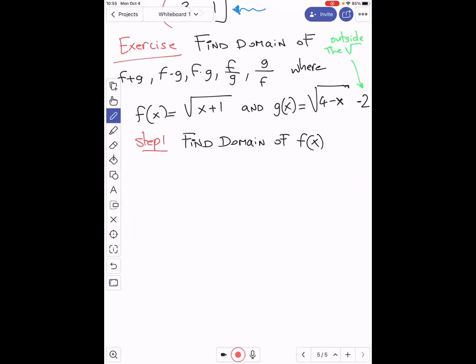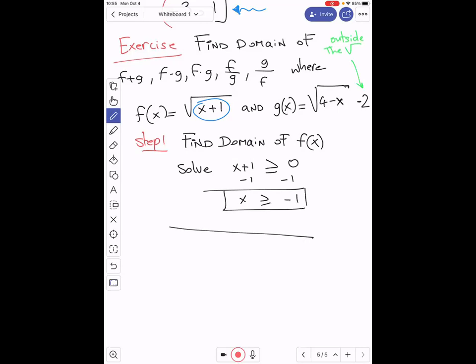Here it's the same thing as the previous example. We have a square root, so we need to solve what's under the square root larger or equal to 0. So we need to solve x plus 1 larger or equal to 0. We need to make sure that what's under the square root is positive or 0. If you subtract 1, then x is larger or equal to -1.